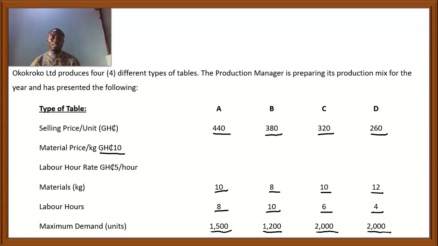So in respect of table A, each material will cost 10 by the total material required for A. So we multiply 10 by 10 to get the total material required for A. If we get to table B, we multiply the same material price per kilogram of 10 by the material required of 8. C, we multiply 10 by 10, and then for D, we multiply 10 by 12.